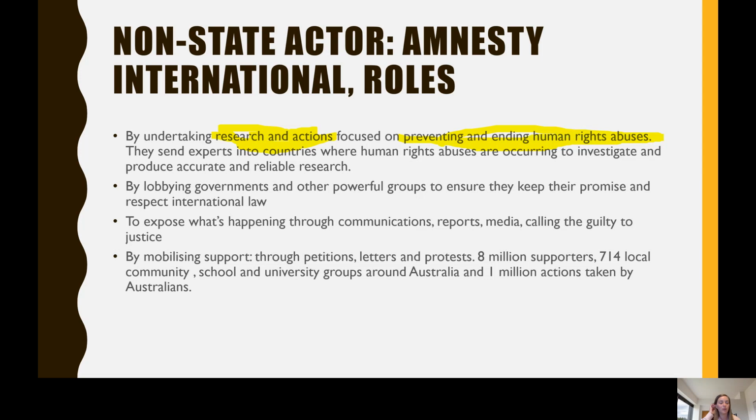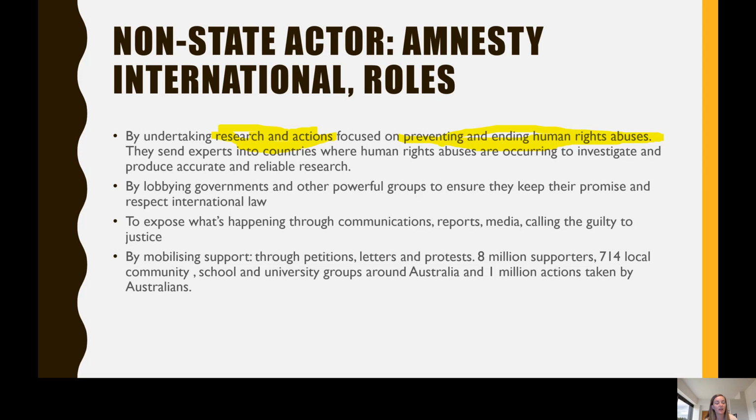Some of you may remember in Unit 4 when we looked at human rights and torture, that one of their campaigns is #StopTorture. As part of that campaign, they would have conducted research. They did discover that I think it was maybe a third of countries around the world did use torture. So one of their roles there is to research.